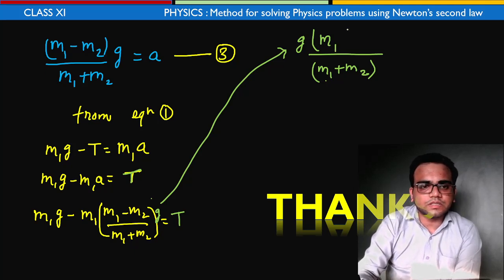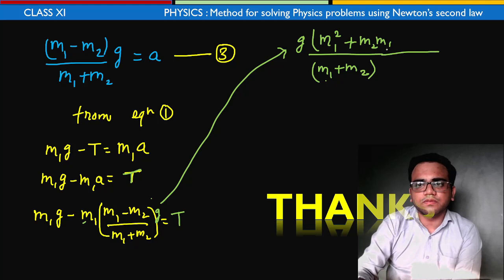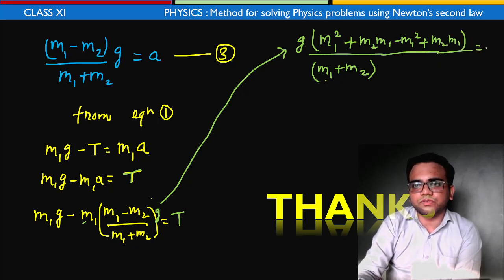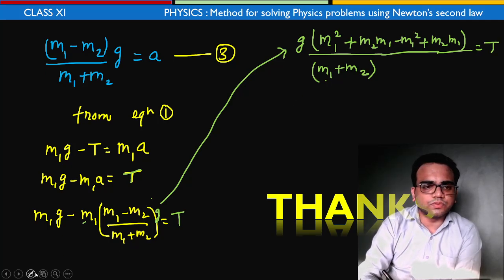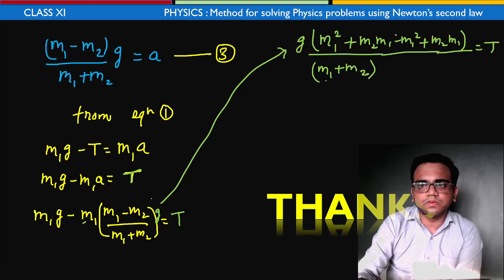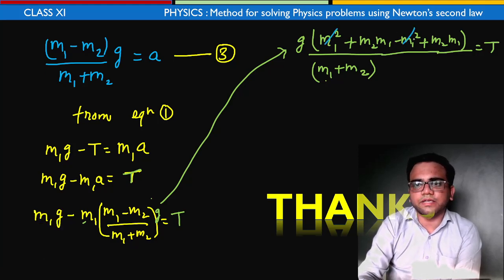If we multiply m1 in this bracket, we will get m1 squared plus m2 m1 is equal to T. You can see here these two, m1 squared and m1 squared, will cancel each other. You will get what?